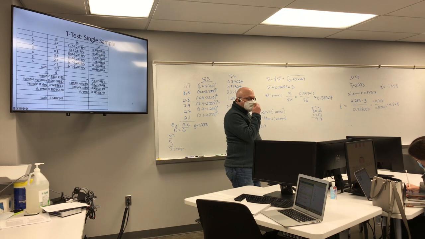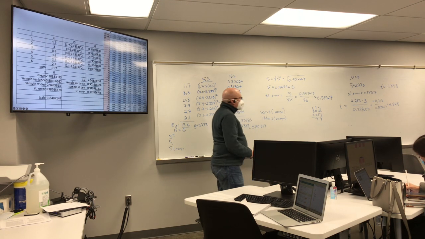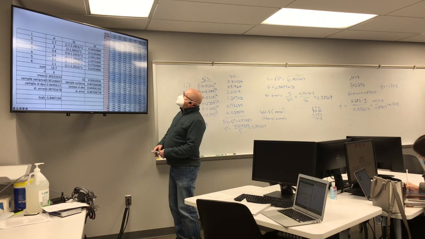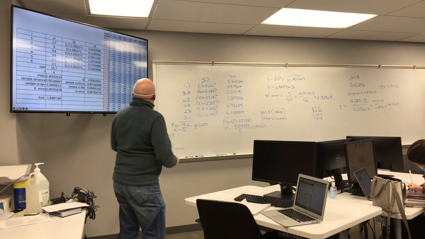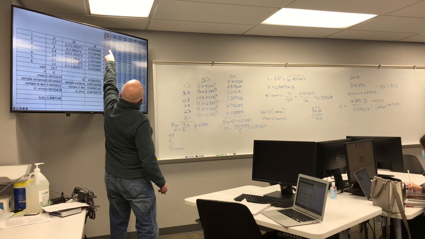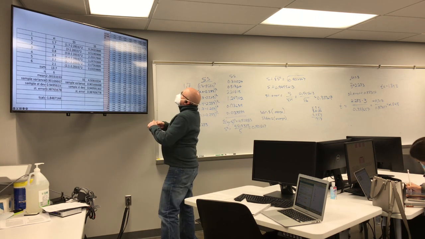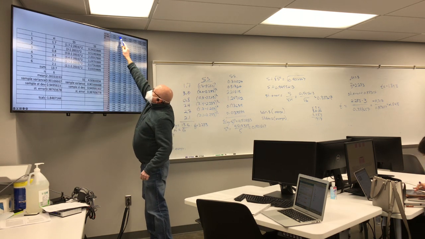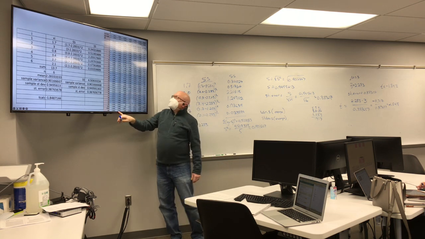So then the question is, well, what do you compare this to? So you need to go and get a t-table. And in this case, the t-table, I've chosen one that is a little easier for you to use because it has one-tailed probabilities and two-tailed probabilities at the top. Notice that for the one-tailed probability of 0.05, this leads to a value down here of 1.645.